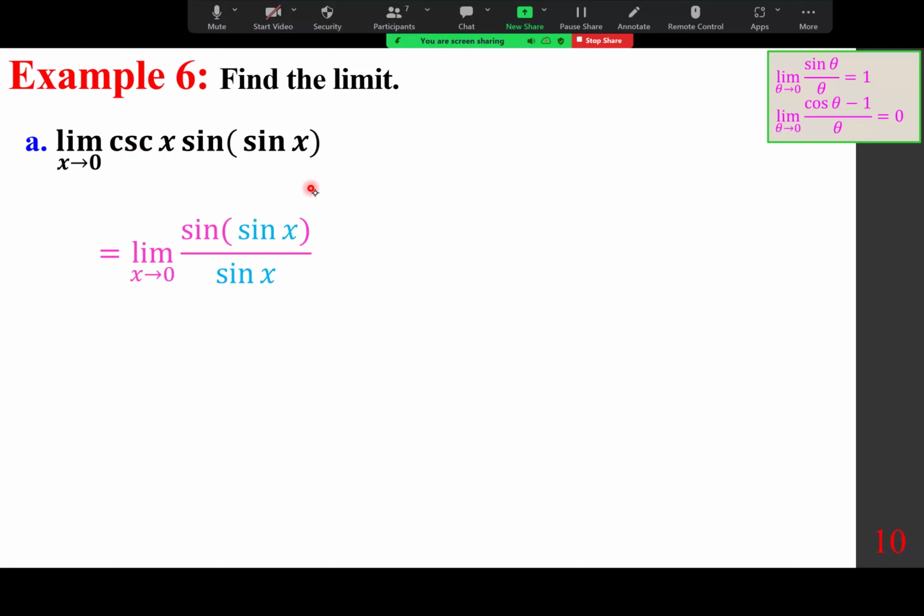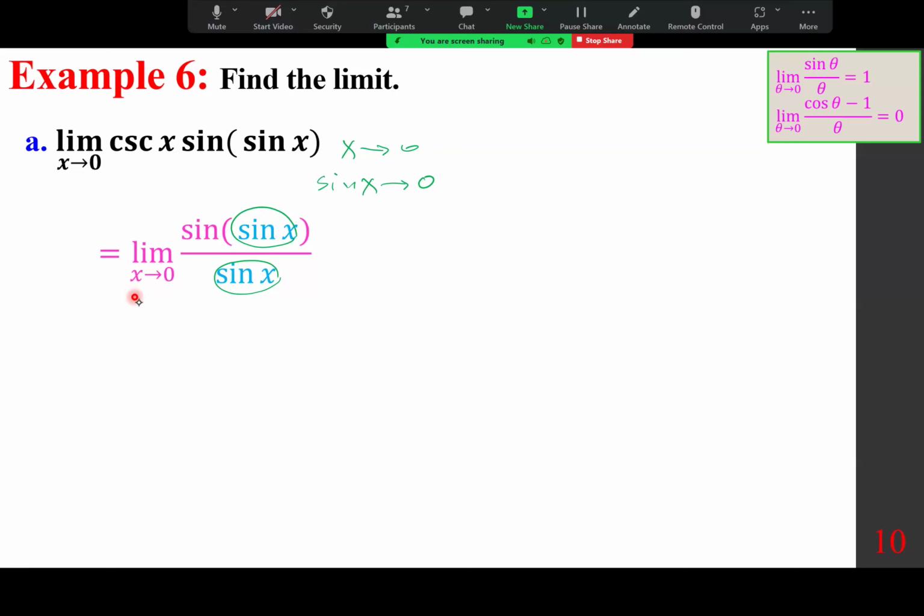Notice, x is approaching 0. Since x approaches 0, so does sine x. And what you can do, you can change this one now to sine x and see the result.